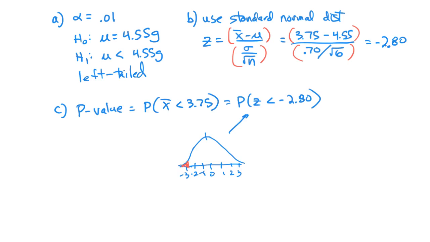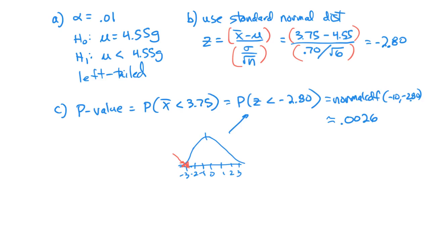So the p-value is the area under the curve right there. And we know how to do that. We use normal CDF here. So we go normal CDF, negative 10 comma negative 2.80. And when I did this, I got about 0.0026, which is a pretty small p-value.